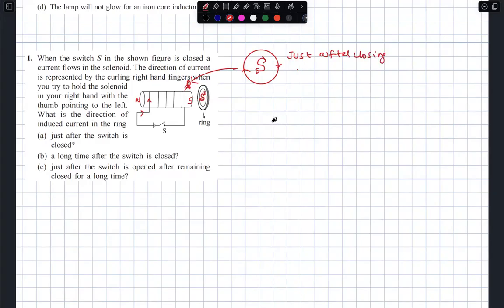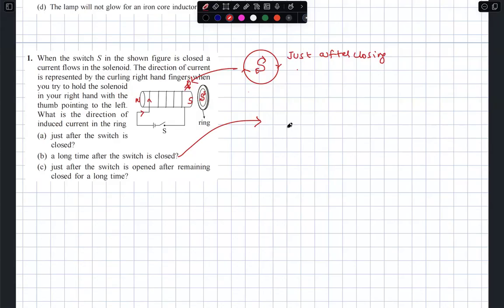And long time after the switch is closed, anyone in the class? Aditya. Long time after the switch is closed, do you see any current flow in the ring?